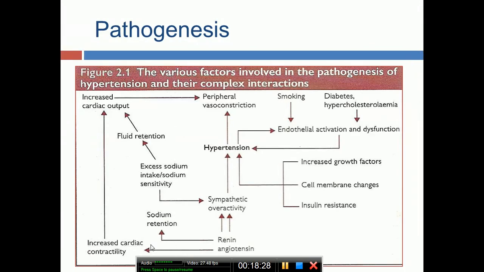Pathophysiology and pathogenesis of hypertension. For example, smoking can cause endothelial activation and dysfunction. Starting from here, endothelial activation and dysfunction. Endothelial means it is the innermost layer of the vessels.